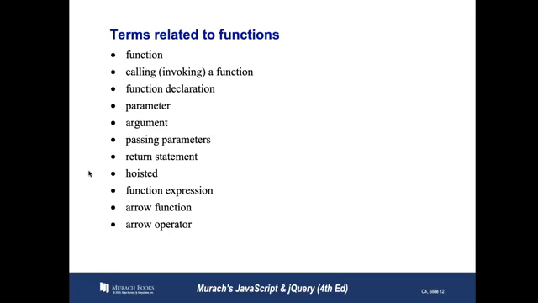Passing parameters is how we send data to the function in order to do something. In this case, we used a subtotal and a tax rate. A return statement is when we actually return a value, meaning we're not doing anything to it, we're just sending it back to the caller. What we do with that caller will be up to the code.